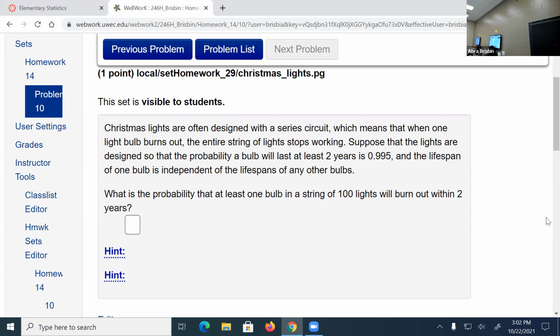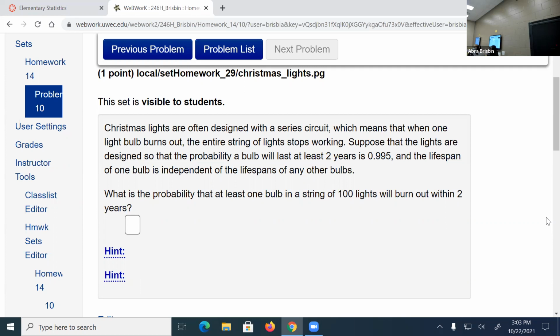So probability of X is greater than or equal to 1. What distribution does X have? So each bulb either burns out or stays lit.